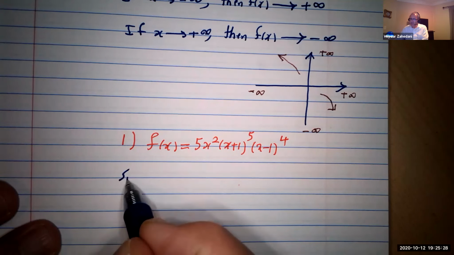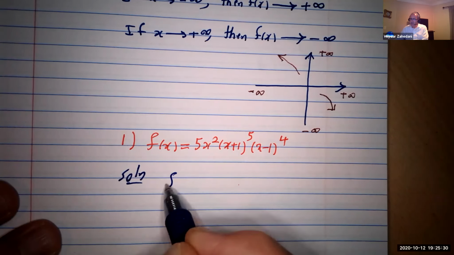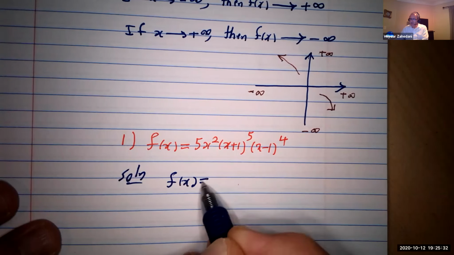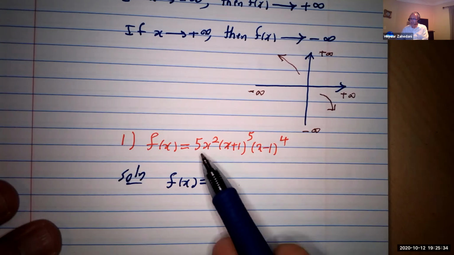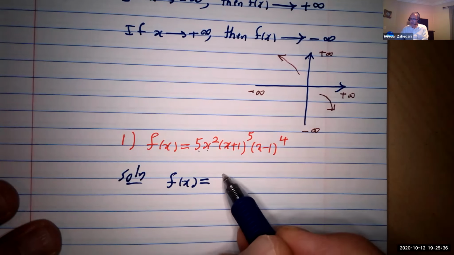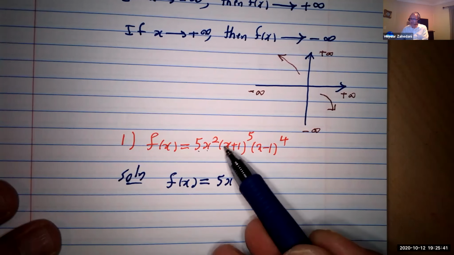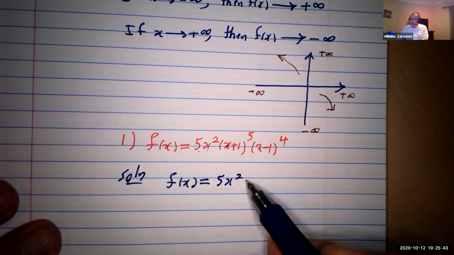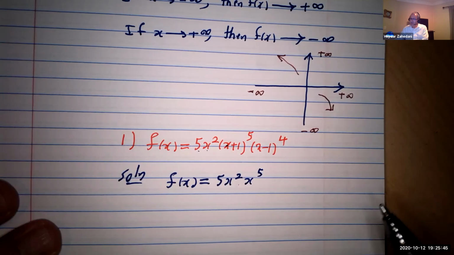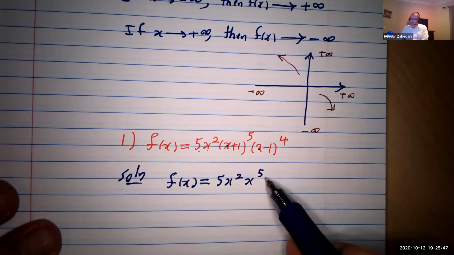So the solution is, your f of x, you see the leading term over here, the highest is 5x squared. The highest power of x in the next factor is x to the fifth, and the highest power in the last is x to the fourth.